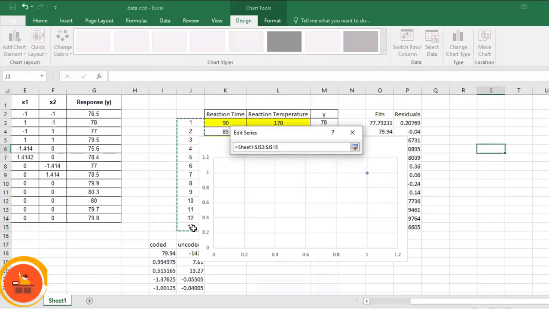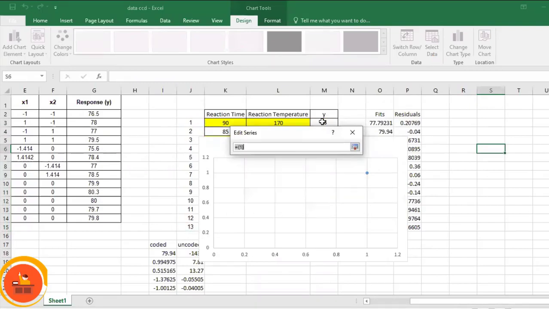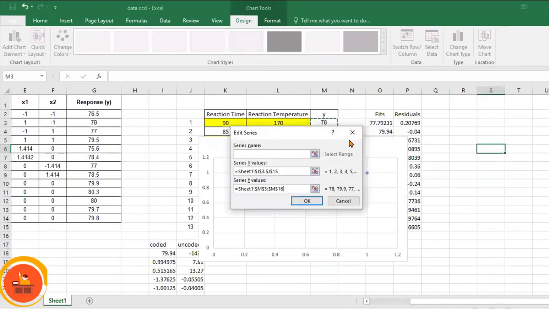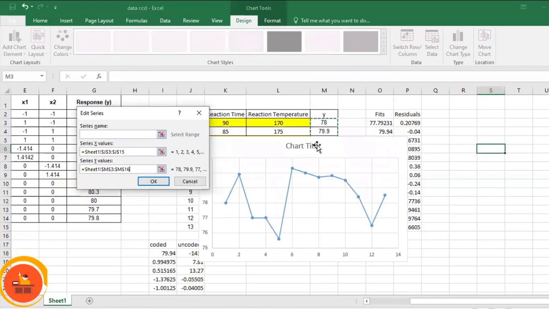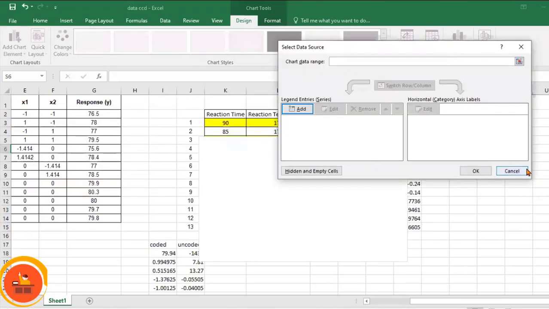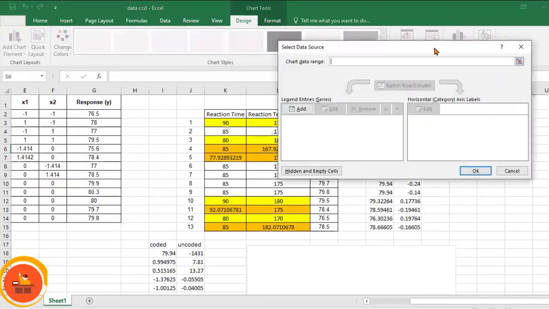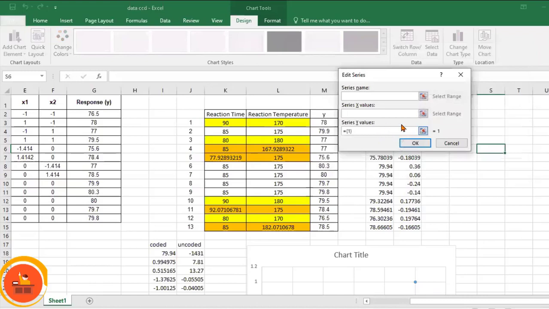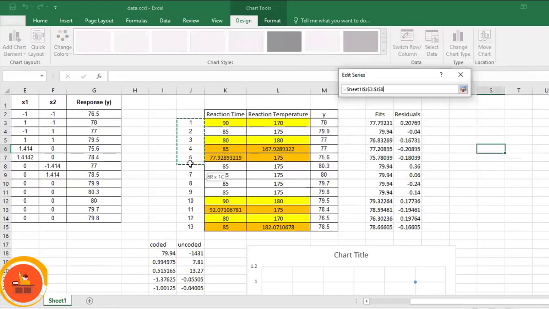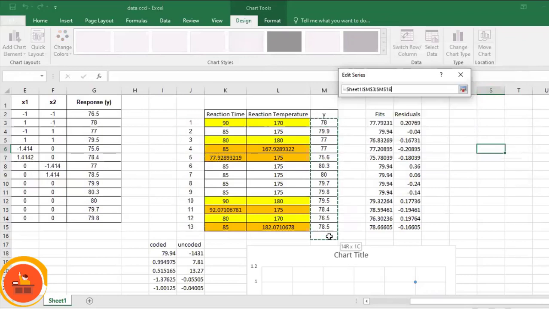On the x-axis I will take experimental runs, on the y-axis I will take the data. Let me move this one aside because that is distracting. Graph is adjusting, that's why. So I will add it. X range is experimental data and Y series is this data.